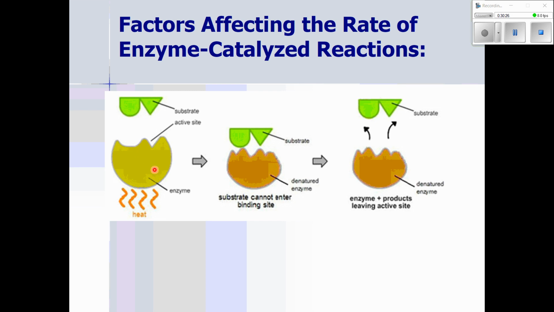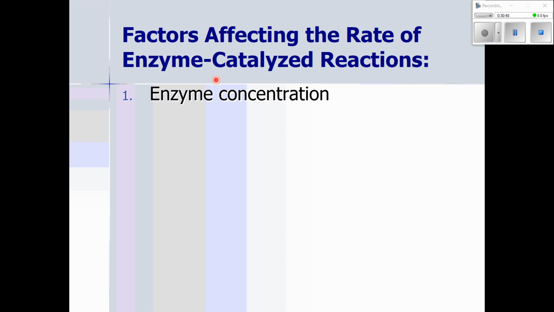The greater the enzyme concentration, the faster the chemical reaction. Likewise, the greater the amount of substrate, the more likely it is that the substrate and the active site are going to find each other and bind, so that too can speed up the chemical reaction dramatically. So when we talk about factors affecting the rate of enzyme catalyzed reactions, an increase in enzyme concentration will always speed up the chemical reaction.